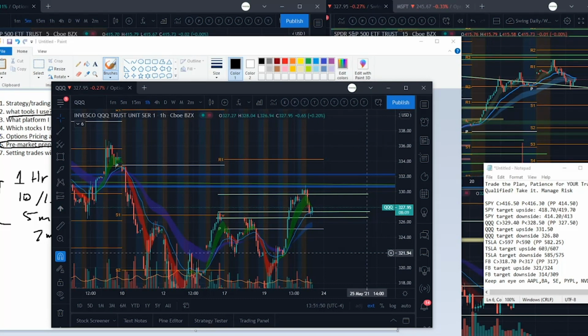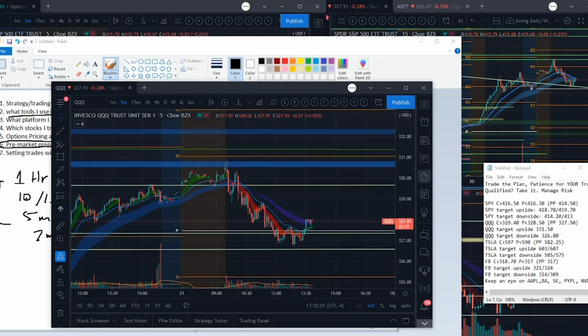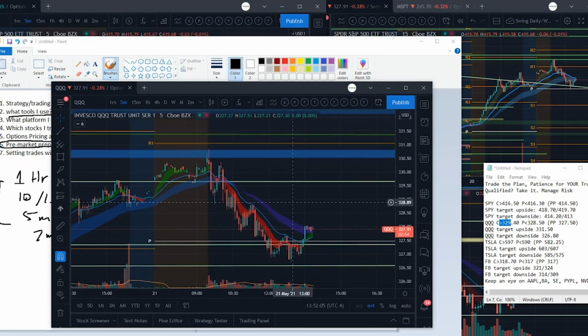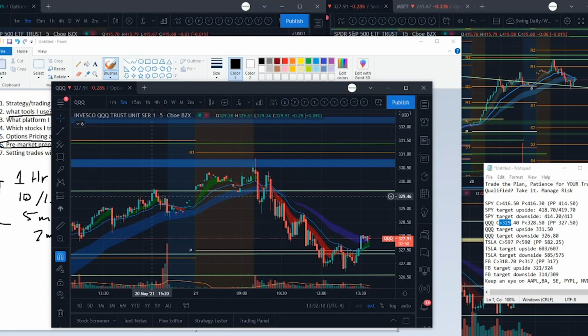So based on that, in the pre-market, above 329.40 I like longs, below 328.50 I like shorts. So if I go to a 5-minute chart, for example, these aren't areas where you get above and start buying or get below and start selling. Rather, I want to see how they hold up. Can we hold above this?